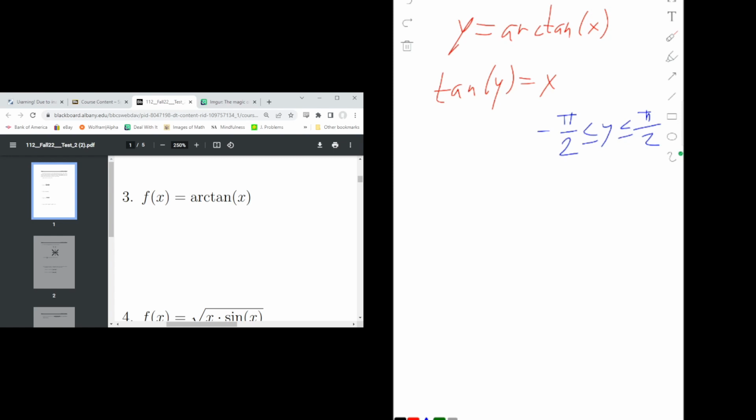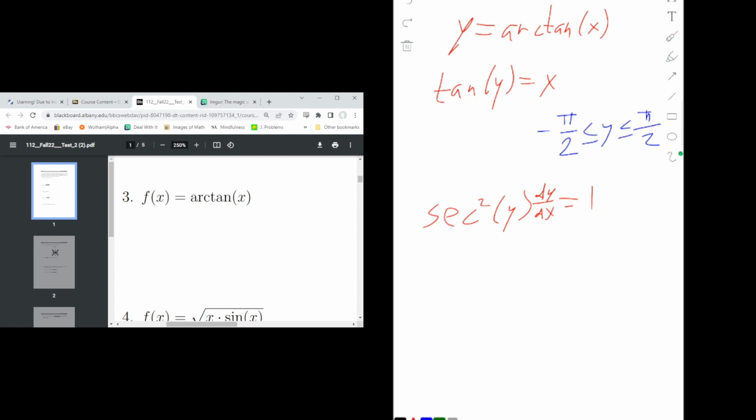Anyway, here, the derivative we would take through implicit differentiation. The derivative of tangent is secant squared. Whoops, sorry. But we would have to multiply that by y prime. And the derivative of x is just 1.